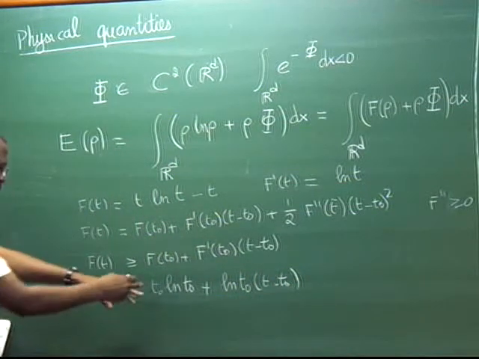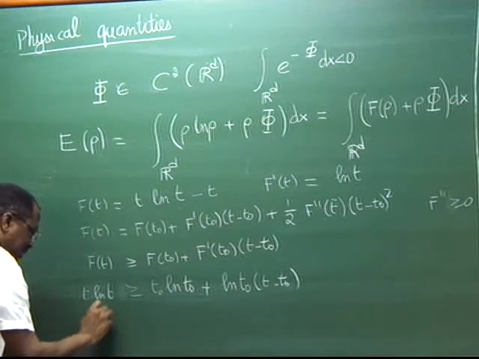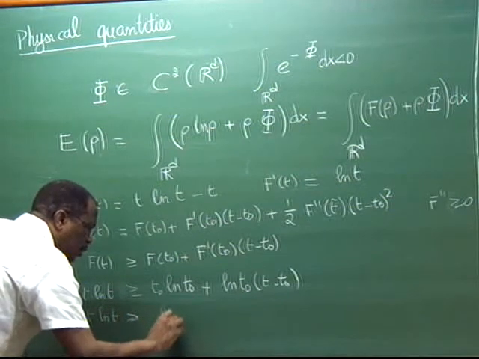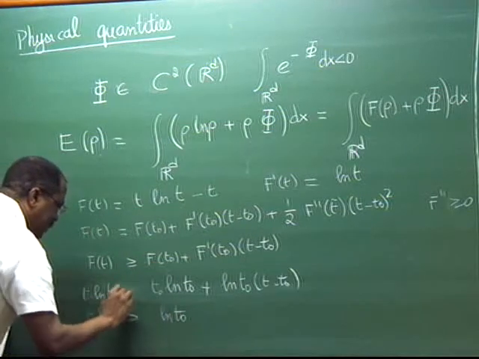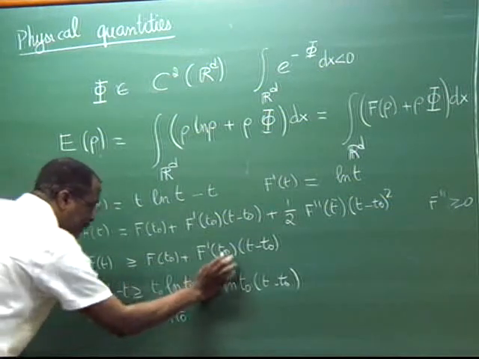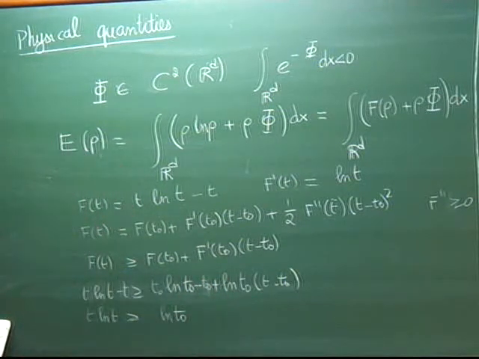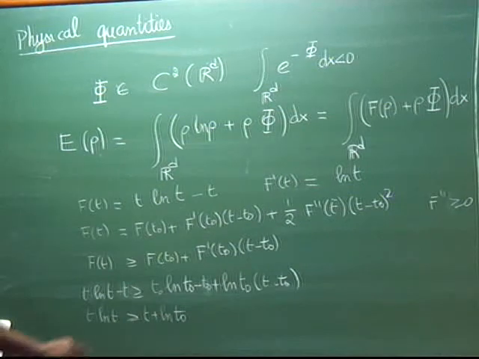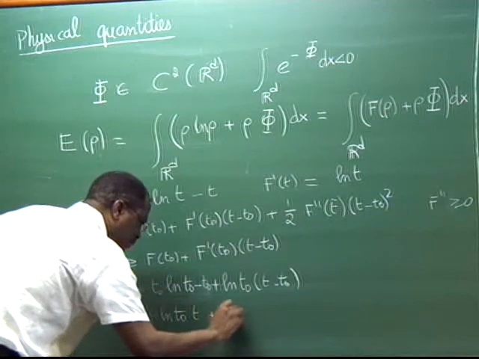And I can simplify by t naught log of t naught. Oh, I forgot something, I forgot negative t. And so I get t log of t is bigger than t plus log of t naught, t minus t naught.